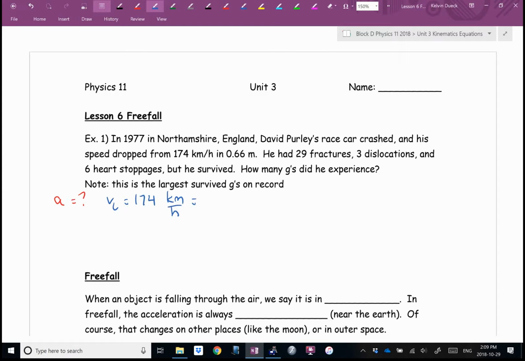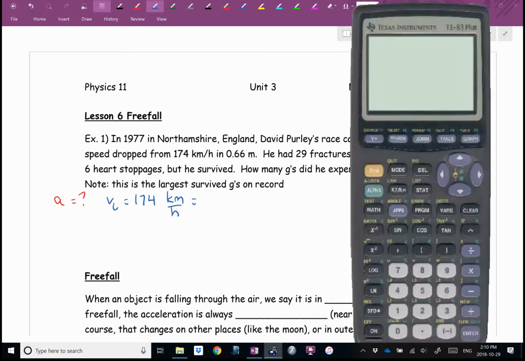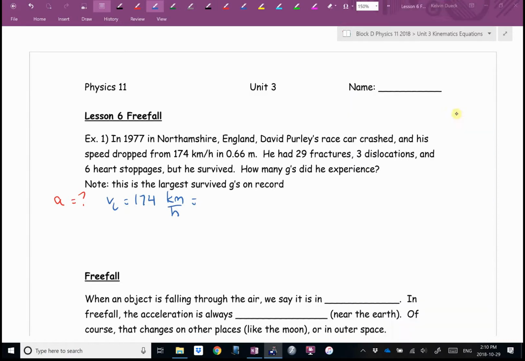Someone said times, someone said divide. You sure it's divide? Yeah. So look over at your partner and just shake your head pityingly at him. Which is what? 174 divided by 3.6 is 48.3 repeating. So I'm going to write 48.33, but I'll store this on my calculator just by leaving it there.